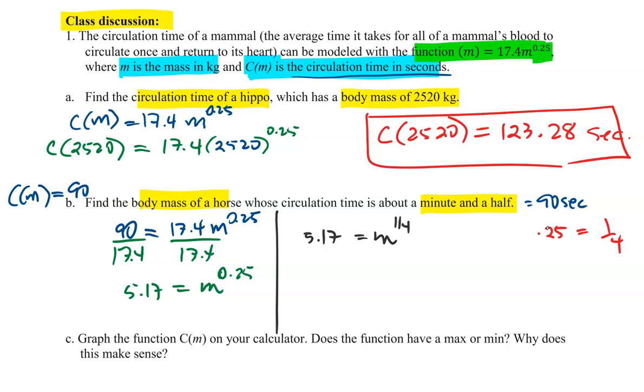So to isolate m, and the exponent is 1/4, we can raise both sides to the power of 4. So that 1/4 times 4 is equal to m. So 5.17 raised to 4 is 714.43, or approximately equal to 715 kilograms.